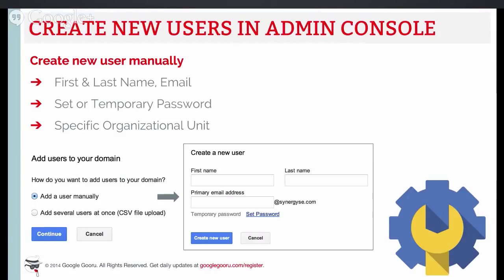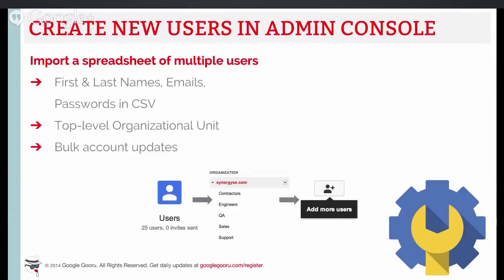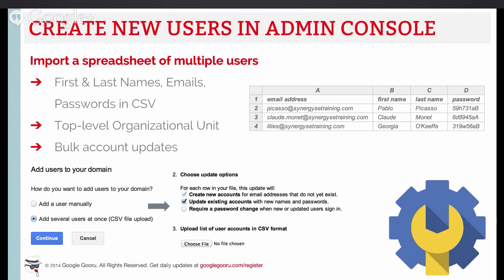If you want to create more than one user at a time, you do have the option of importing a spreadsheet of multiple users. The way you accomplish that is by doing it at the top level organizational unit, so it's important that you have that selected first. Then when you click on the Add More Users icon, you will actually have an option to add several users at once as a CSV file upload.